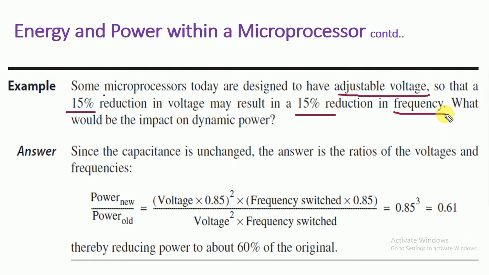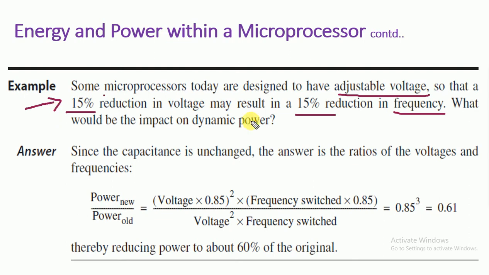So in the earlier system we are not having the provision of adjusting the voltage. Now in the current system, we are having the provision of reducing the voltage. So as we reduce the voltage, the frequency will also be reduced. So we are having a comparison between an old system and a new system: old system non-adjustable voltage and current system adjustable voltage.